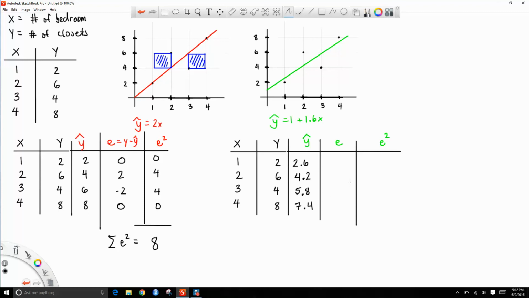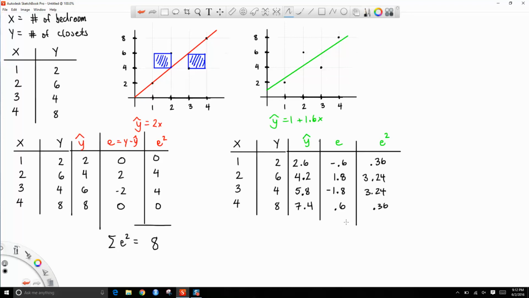And so my error here, the difference, is negative 0.6, 1.8. Is that right? I think I'm doing my math correct. Okay, 1.8 negative here, and then 0.6 there. And then I would square this, and I would get 0.36, and then 1.8 squared is 3.24, and 3.24, and 0.36.